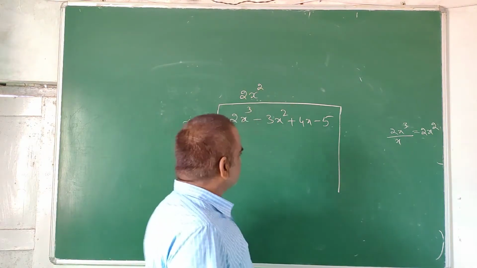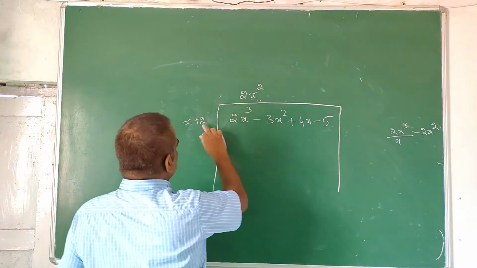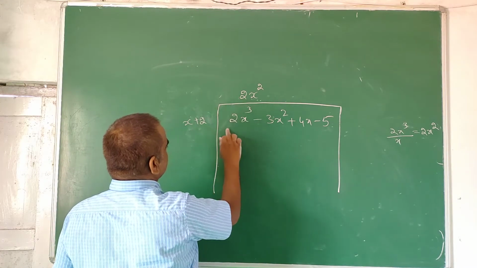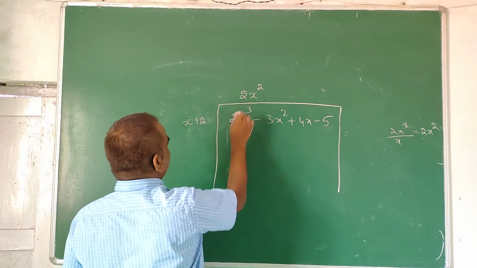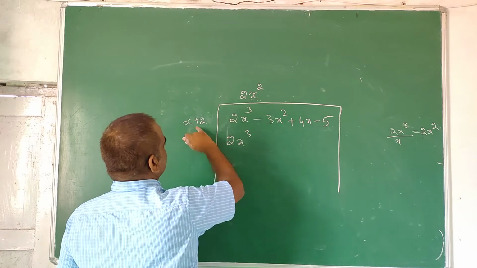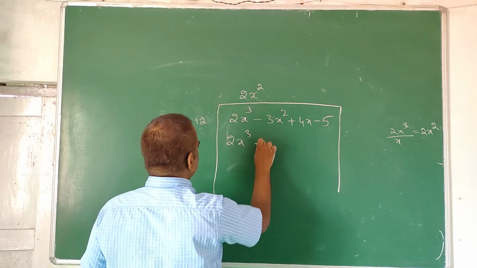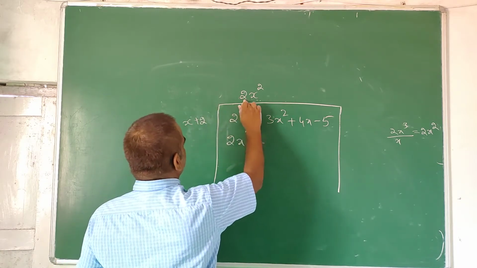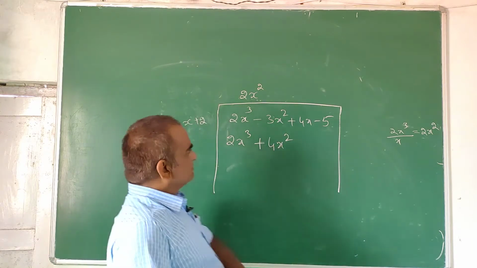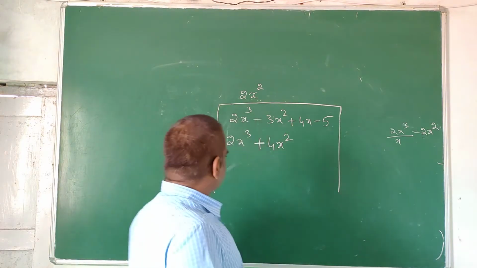Are you following? Now, plus into plus, plus x into 2x square, 2x cube, plus into plus, plus 2 into 2x square, which is 4x square.